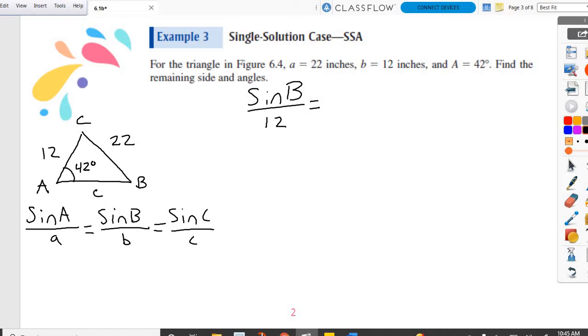And we said we have to use the ratio of A, so we would have sine of 42 degrees divided by 22. So then, how do I solve for B? Is B by itself then?